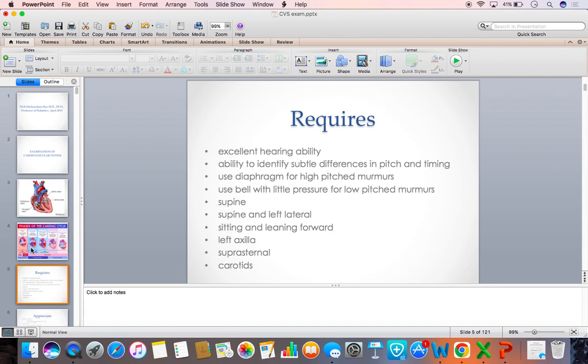The student should use the diaphragm for high-pitched murmurs, and the bell of the stethoscope for low-pitched murmurs. The patient has to be examined in supine, left lateral, sitting and leaning forward positions, and in the left axilla. The student should auscultate in the suprasternal area as well as over the carotids.